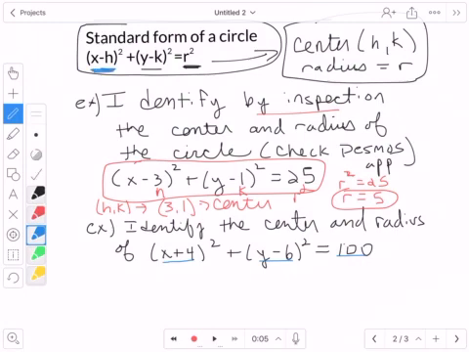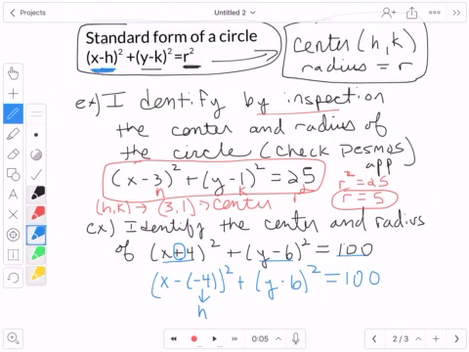So we get a little slick, right? We say, well, a plus sign can be re-expressed as a double negative, right? So x minus minus 4, we could re-express like that, just so that we could lay our claim and say, oh, okay, so really h is negative 4 and k is 6. And r squared is 100, so clearly r is 10.